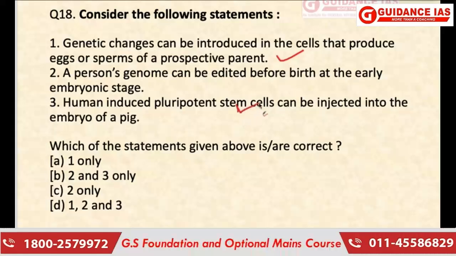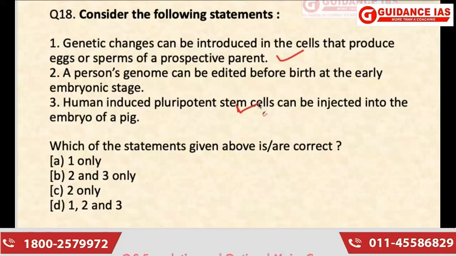Stem cells again a very very important topic for our UPSC. Stem cells को आप अच्छे से करके जाएं. There are high chances that UPSC can ask you any question regarding stem cells, और इसको थोड़ा आप डिटेल में पढ़ के जाएं, because if they are asking about human-induced pluripotent stem cell, they can ask you any question which is a detailed thing of stem cells only.